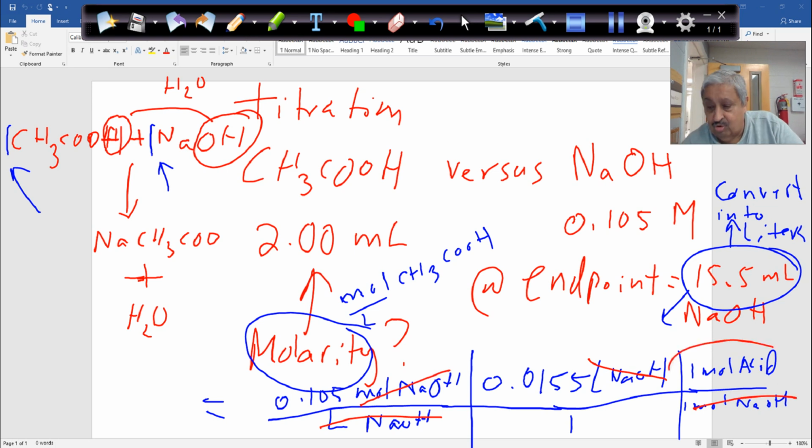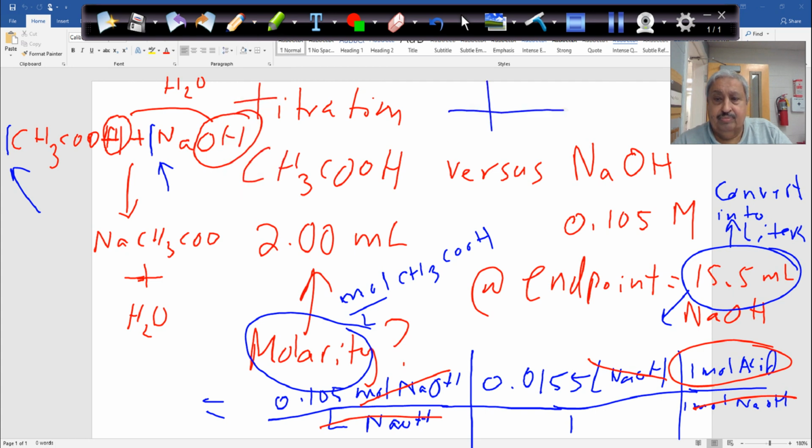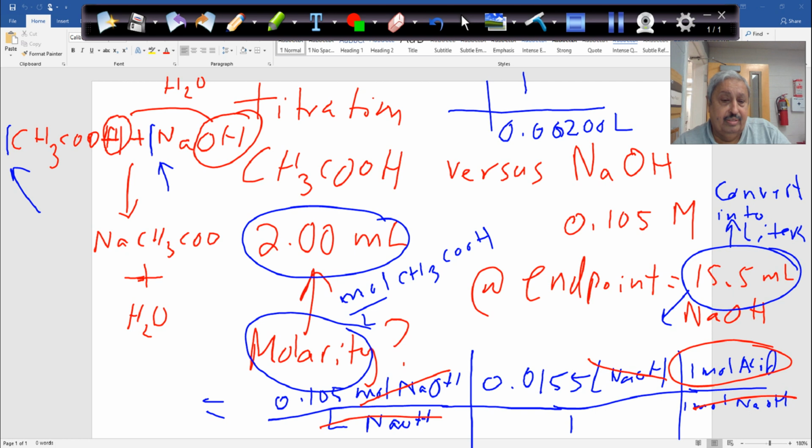I have mole here, I need the liters of sodium hydroxide. The fourth step, I don't have space for it here. The last step will be 1 over liters of the acetic acid, which is 0.00200 liter, 3 sig figs, correct? That's 3 sig figs here.